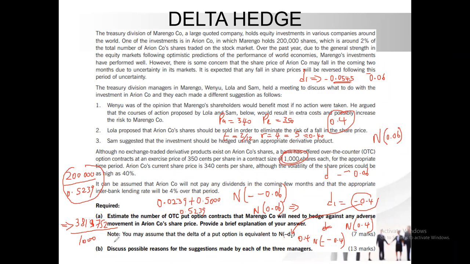So how many contracts are these? 381. Okay. How many contracts? 382 contracts.